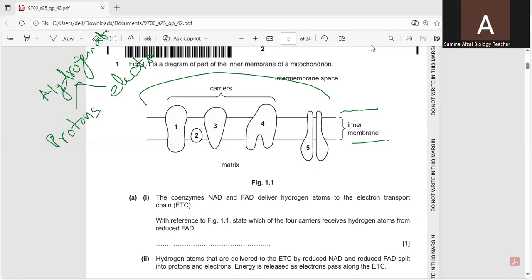So reduced NAD delivers its electrons to carrier 1.